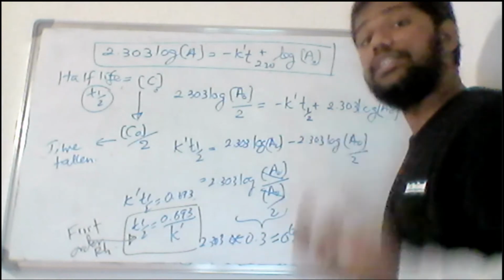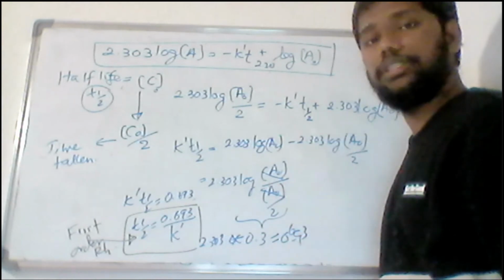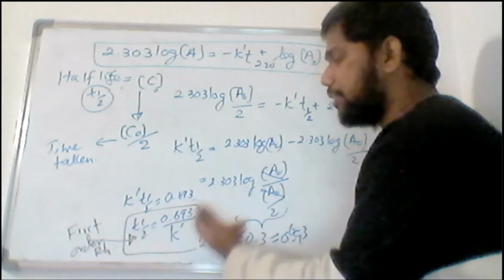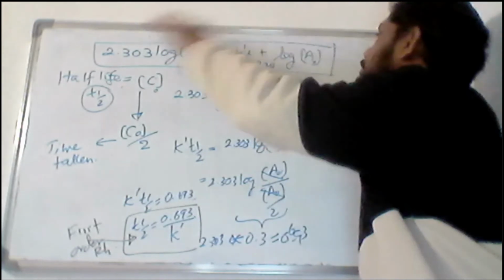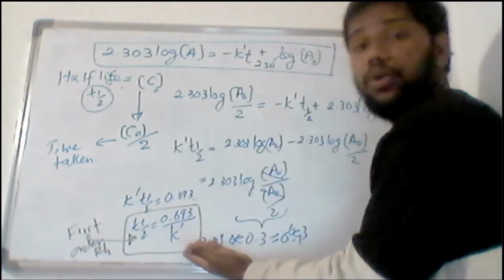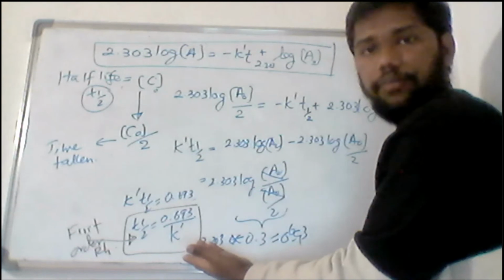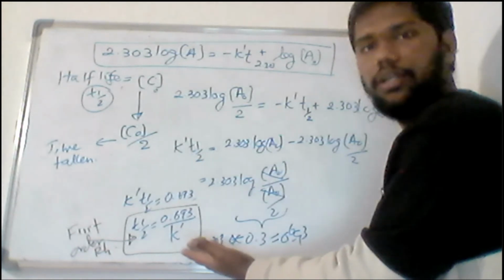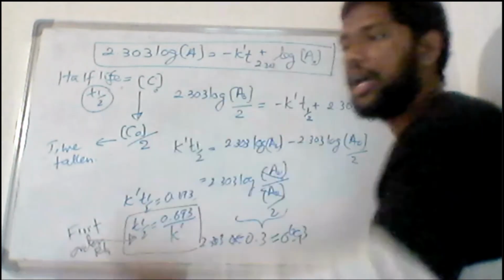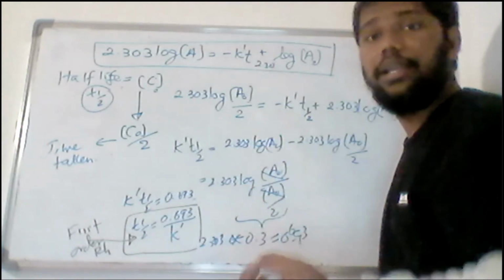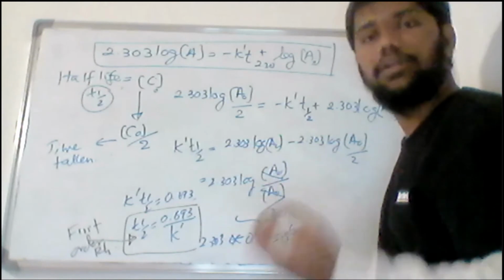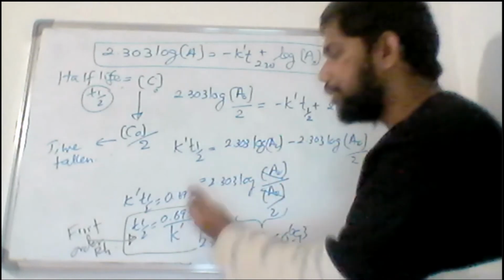For a first order reaction, you can see the half-life is not dependent on the concentration of A, because there is no concentration term here. Either you use a higher concentration or a lower concentration, T half is always constant. Why? There is no concentration term here.